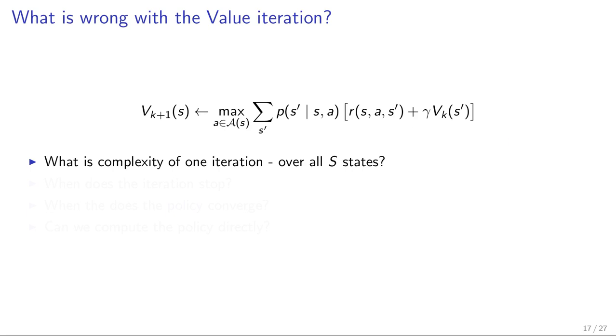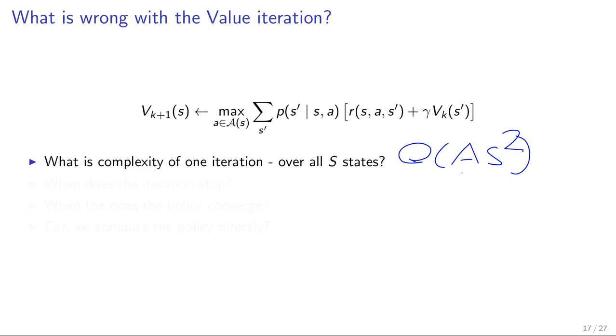So the complexity in this case, let me write it down, is O(A S squared), because I do this for every state, and then I do this for every action.